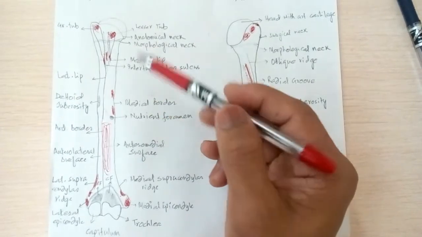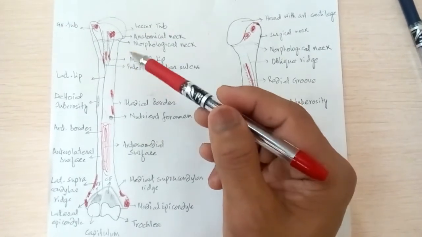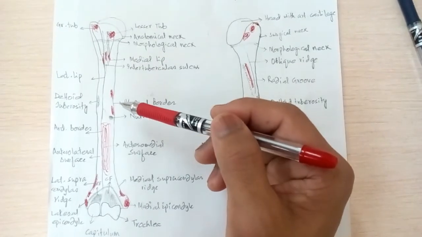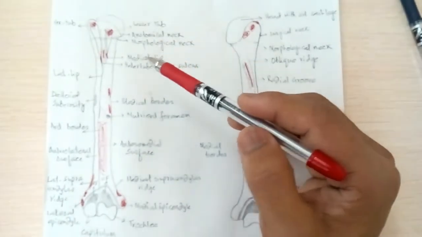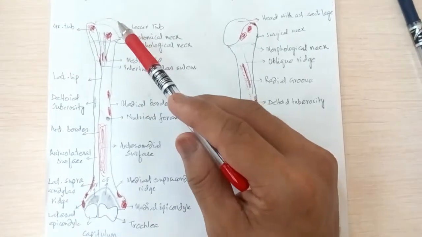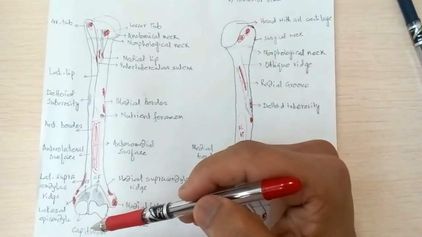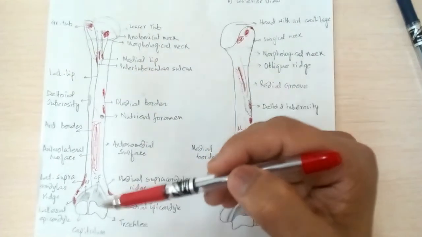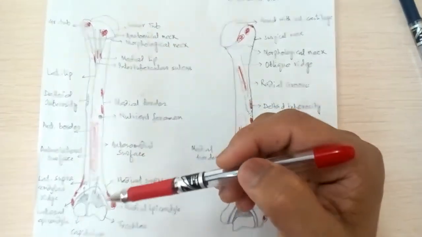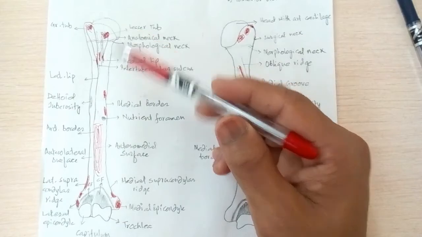So the construction of the upper limb is regulated by the functioning of these two ends, that is, the two important joints of the upper limb.